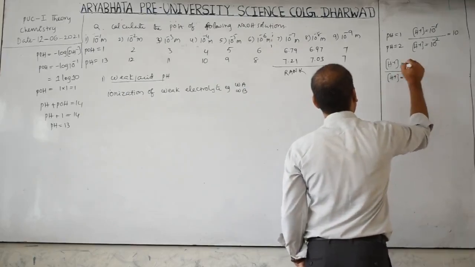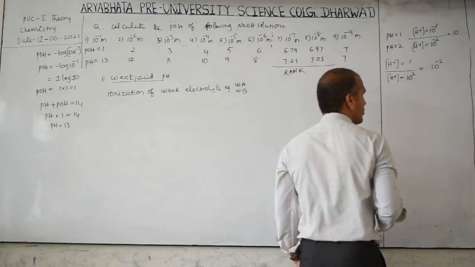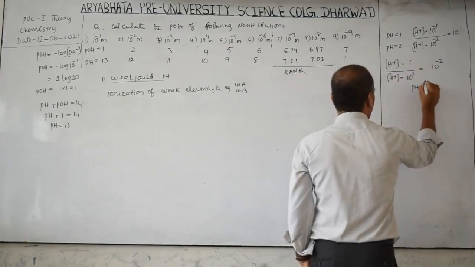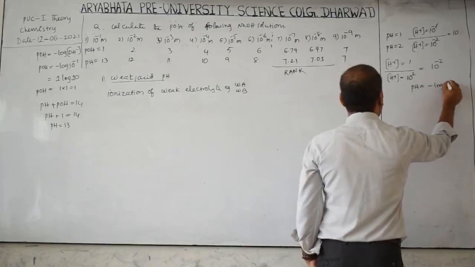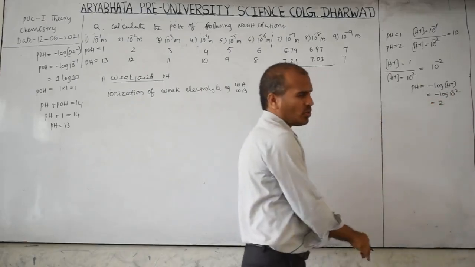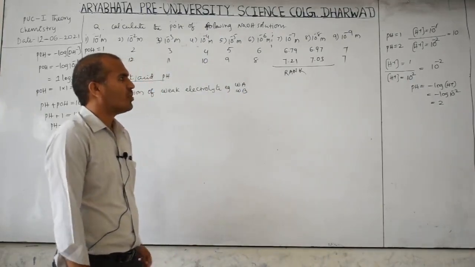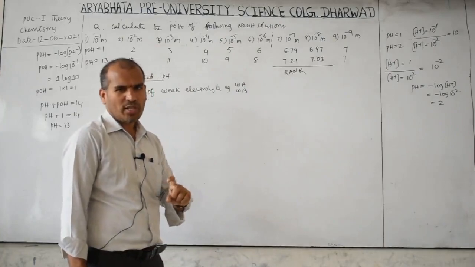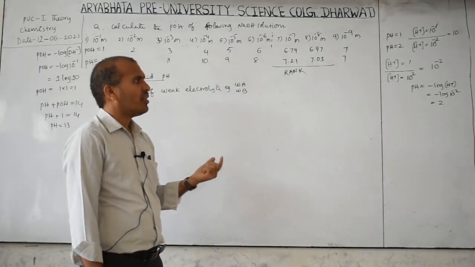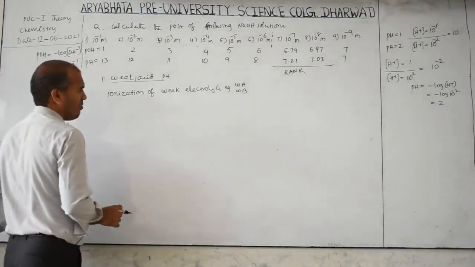So consider the H plus ion concentration now as 10 power minus 2. Therefore, if you calculate pH as minus log of H plus ion concentration, that is minus log of 10 power minus 2, then the pH change will be 2. Like this it is given in the form of a sentence, with one example. So if pH change is 1 unit, their concentration changes by a factor of 10. If the concentration changes by a factor of 100, then their pH change is 2.